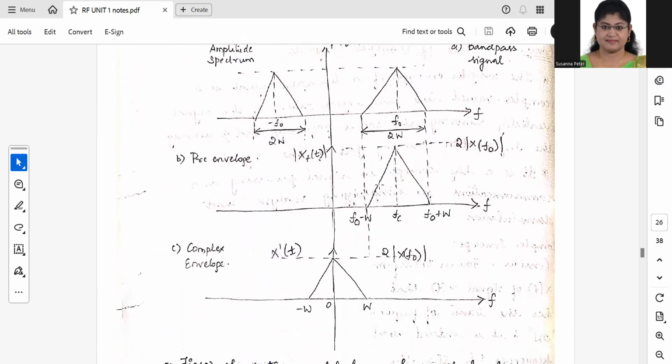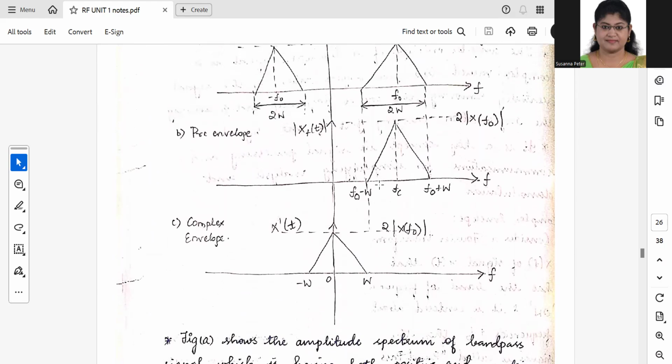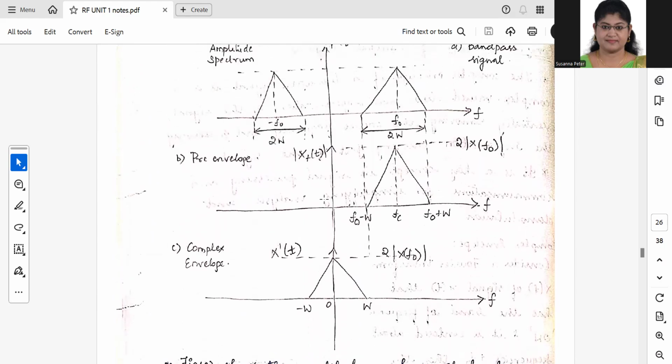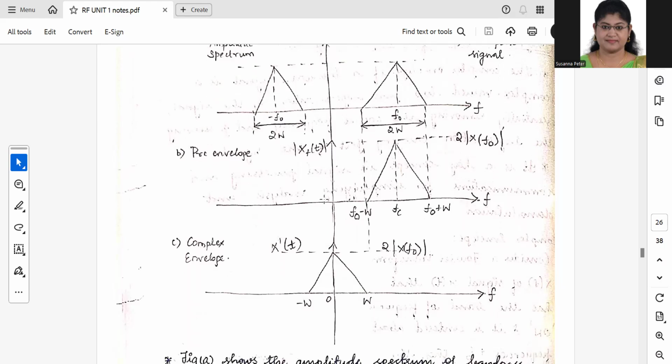The pre-envelope of a bandpass signal is shown in this diagram, which is B. The pre-envelope covers only the upper frequencies, spanning f naught minus W to f naught plus W, and your carrier frequency comes in the center. That is your pre-envelope.